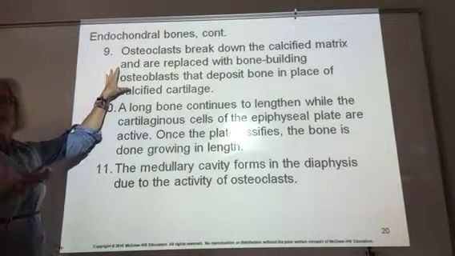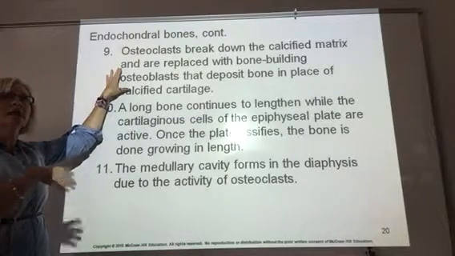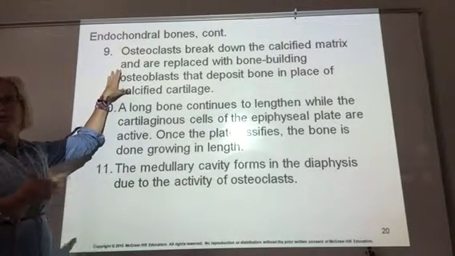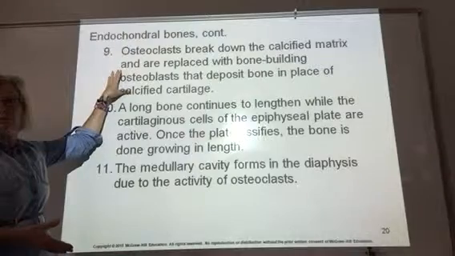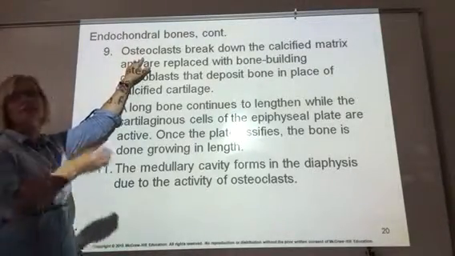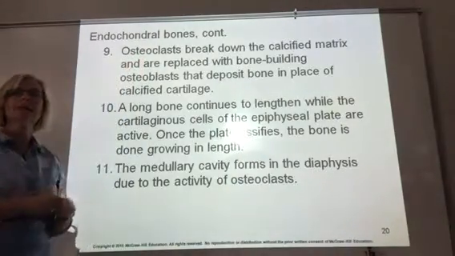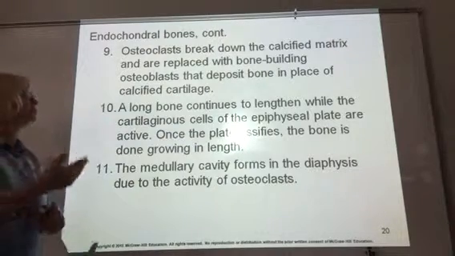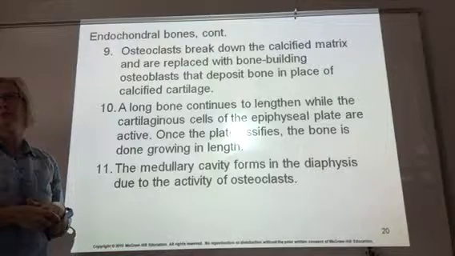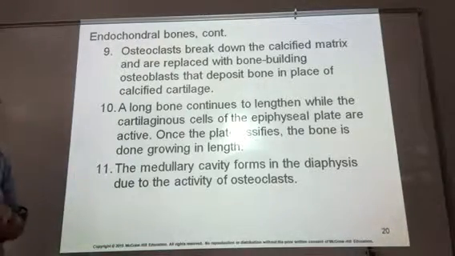So even now, you guys are however old, 16 to 18, I am 45, we are still building new bone. Even I am building new bone. So it's a constant process of osteoclasts breaking down older bone cells and osteoblasts building new bone cells. So your bone tissue is continually being replaced. It's a slower process, but it does take place.